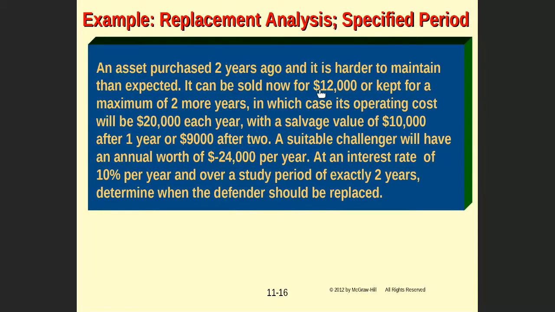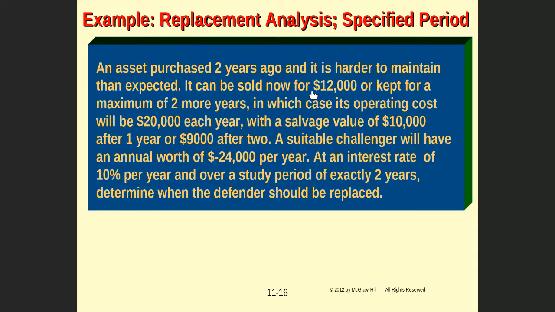If we don't sell the machine now and we keep it, we consider that, as we said, an opportunity that we lost, and it will have a minus sign. It is going to be kept for a maximum of 2 years, which means this year is considered as year 1 if we are going to sell the machine this year.